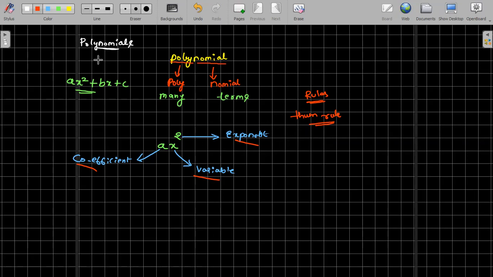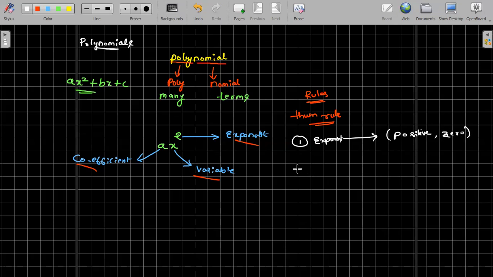The first thing is that the exponent must always be positive or 0.